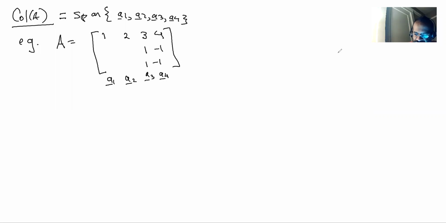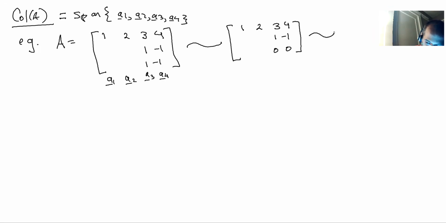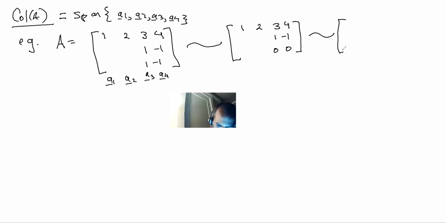So I'm going to do row reduction to compute the reduced row echelon form. It's not clear how that would be helpful yet. Here I subtract the second row from the third one, and then since I want RREF, I subtract 3 times again.